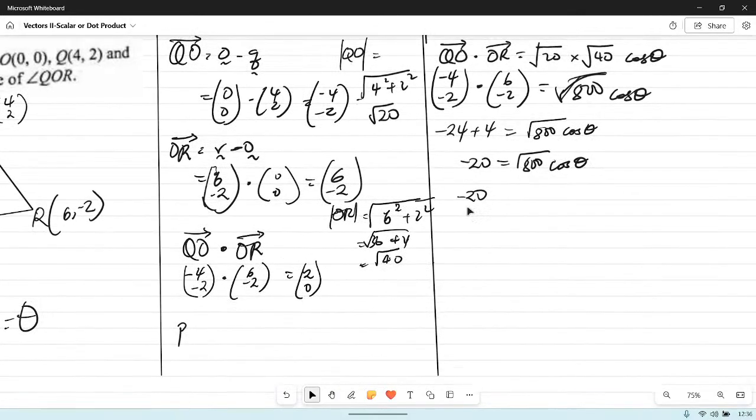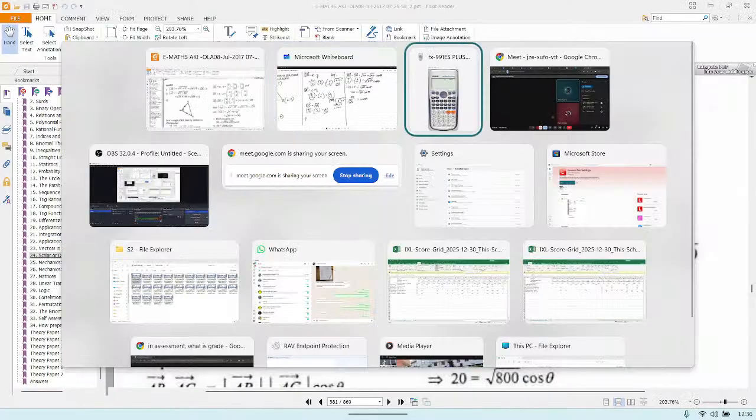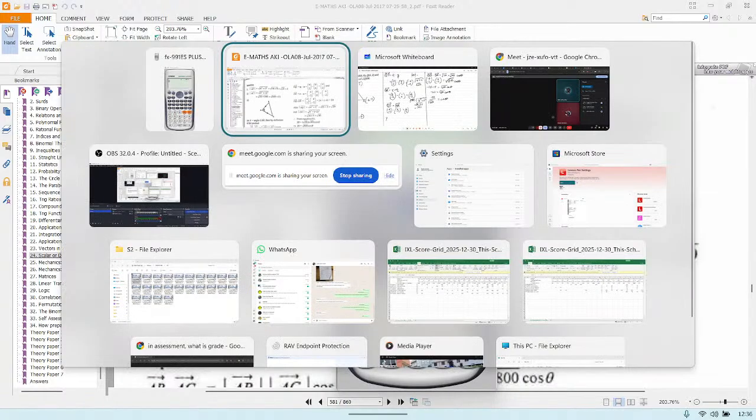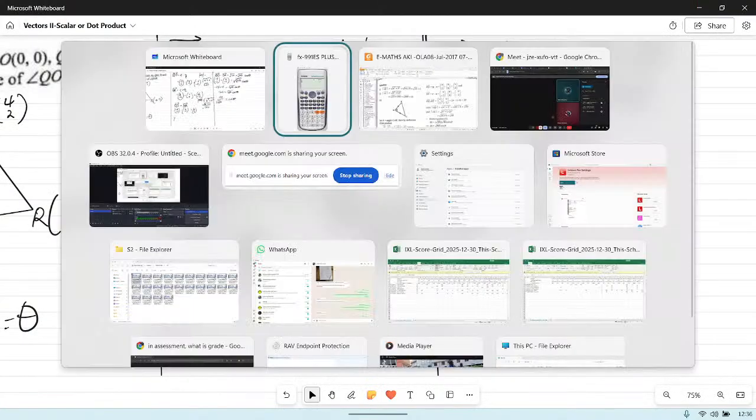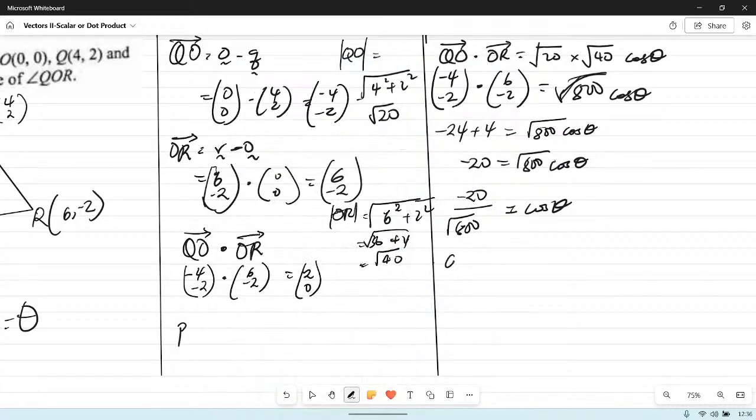So negative 20 over root 800. Cos inverse of negative 20 over root 800 becomes theta.